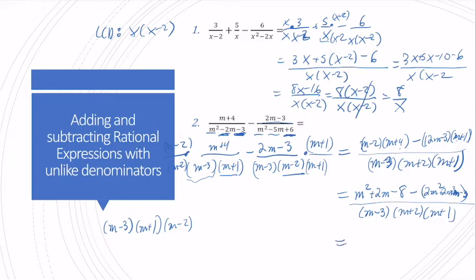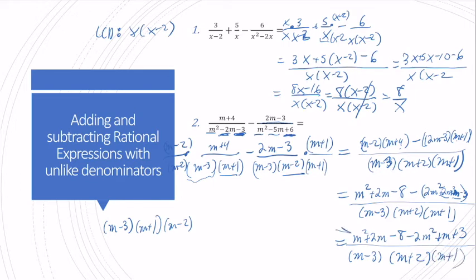So I've got m² + 2m - 8 - 2m² - 2m minus 3m is a negative m, minus is a plus m, plus 3. So I have all of that over (m - 3)(m - 2)(m + 1).